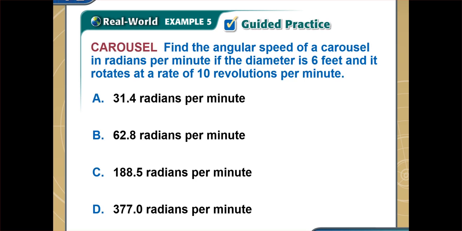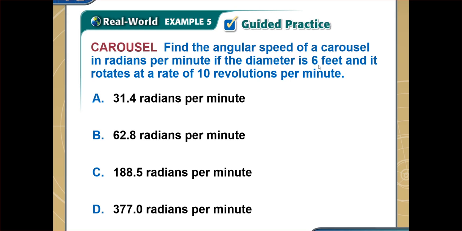Okay, so let's look at this example. Can you help us to find the angular speed? Given the diameter is 6 feet, and it rotates at a rate of 10 revolutions per minute.